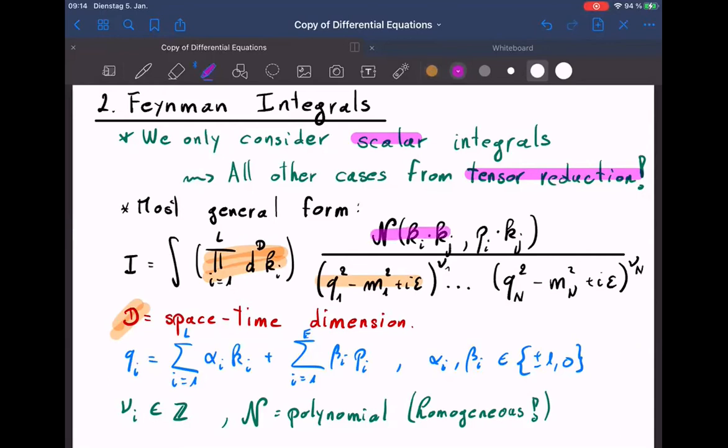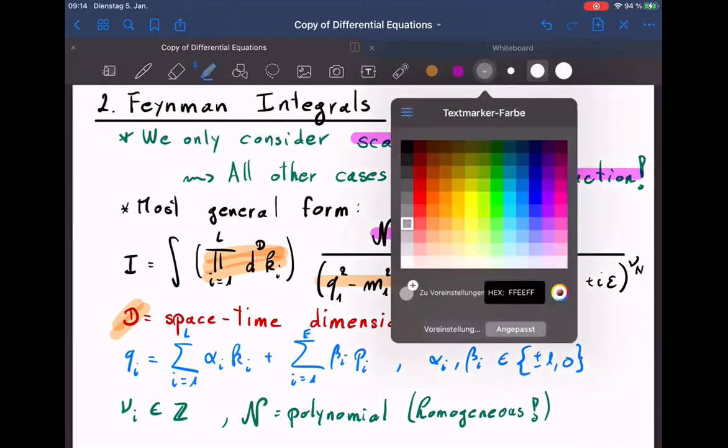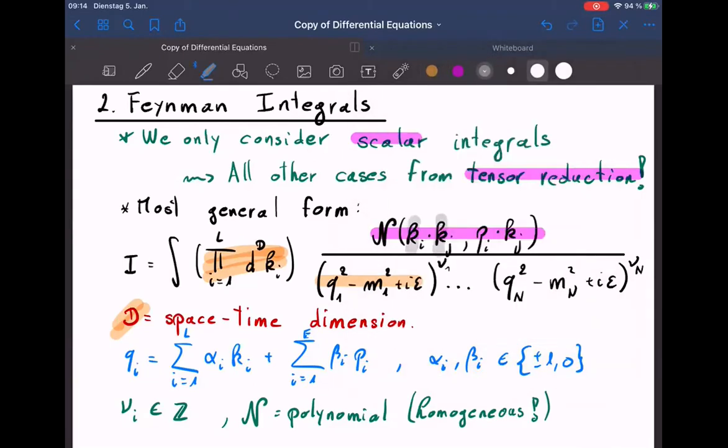And I can also have some numerators. And by Lorentz invariance, they must then be dot products. And they must be polynomials, because my Feynman rules would only ever give me polynomials. And they can then be polynomials in dot products between two loop momenta, or between, oops, sorry for that, or between a loop momentum and an external momentum.